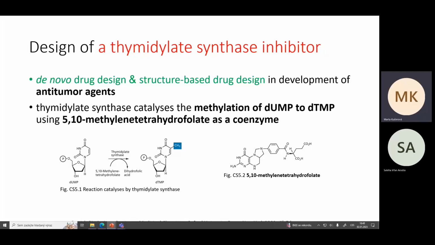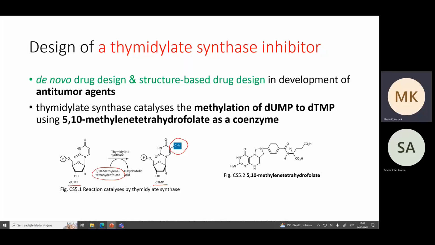So it is known that thymidylate synthase catalyzes the step from deoxyuridine monophosphate to deoxythymidine monophosphate by introduction of a methyl substitution that is transported into the reaction by methylene tetrahydrofolate, which is the active form of tetrahydrofolate, folic acid.